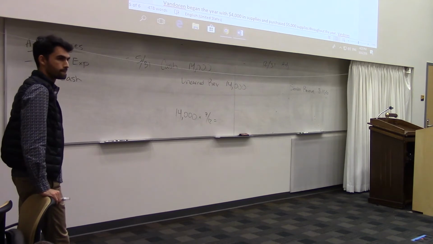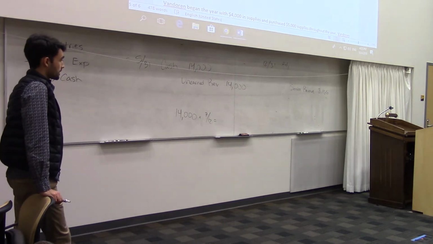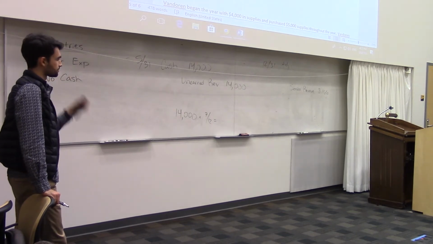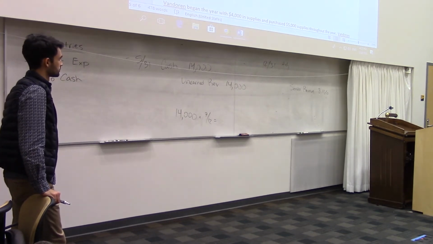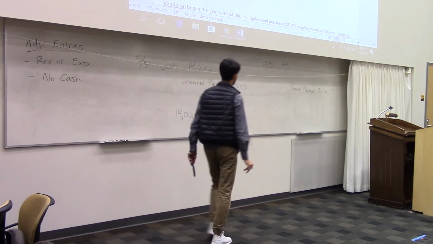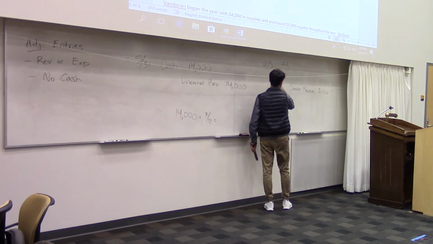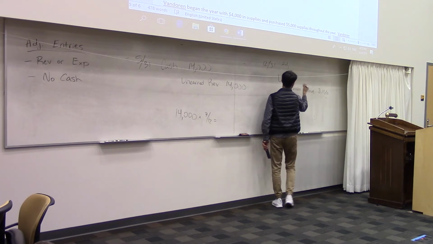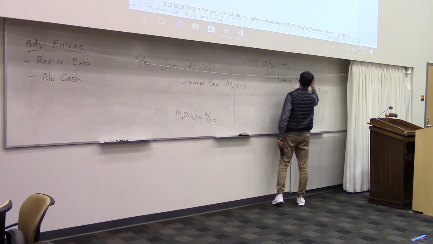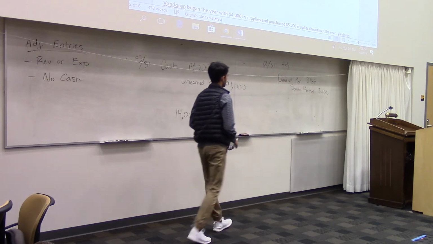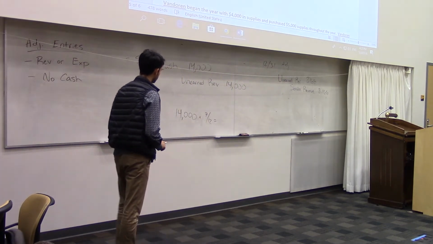So that would be debit? It's a credit. We credit revenue. And then we debit expenses. What's my debit gonna be? We're gonna decrease the liability.